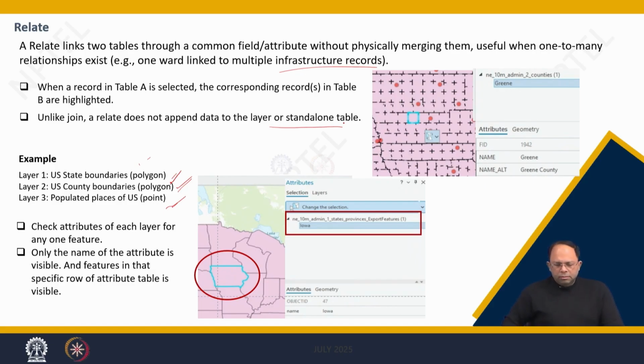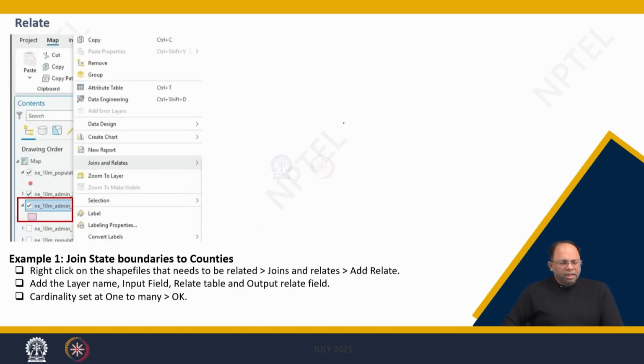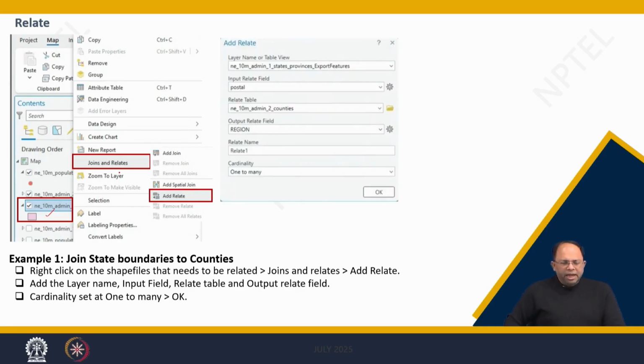So to start with an example, we are joining state boundaries to counties. So we select the state boundary layer, then we click on joins and relates, and then we add a relate over here, and after that we select the layer name, input field, relate table, and the output relate field.